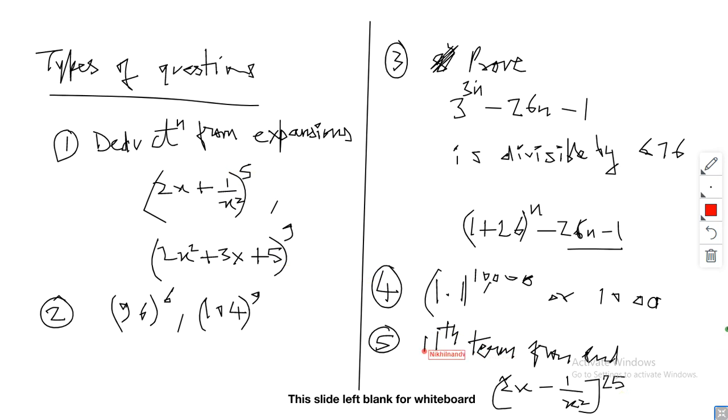That gives 14 plus 2, the 16th term from the beginning. So you can just find the 16th term from the beginning. 25 minus 11 plus 2 is 16. The 16th term will be 25C15 times (2x) to the power of 10 times (minus 1 by x squared) to the power of 15.